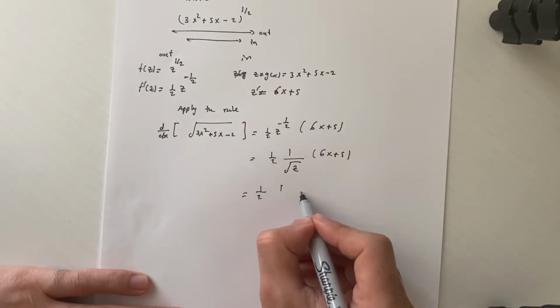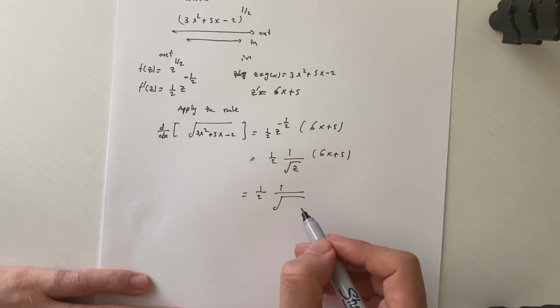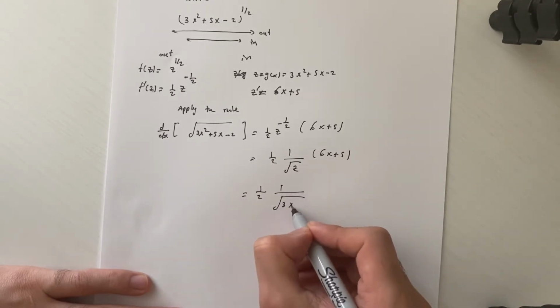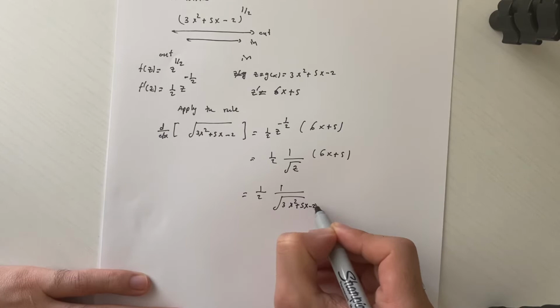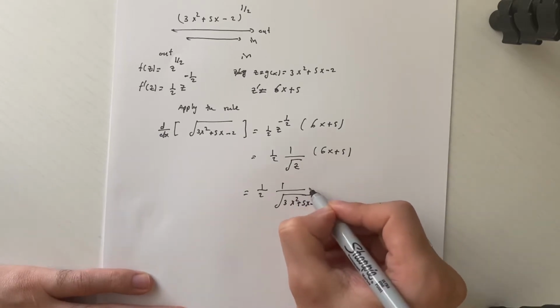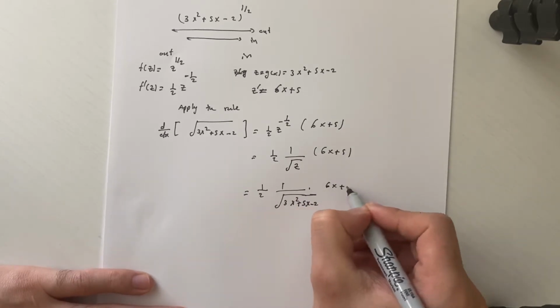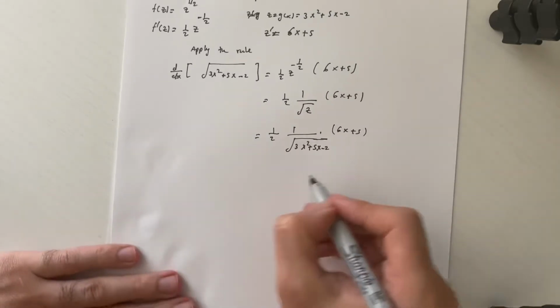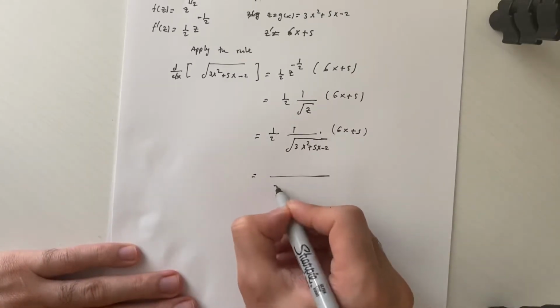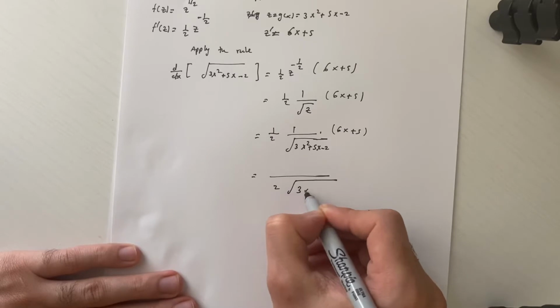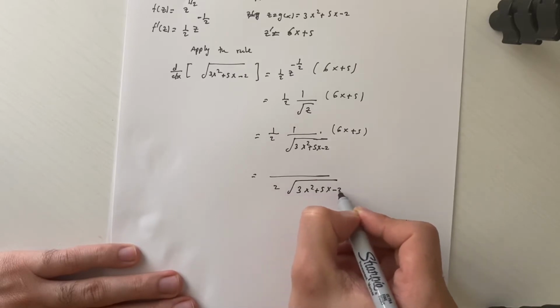So z is just 3x squared plus 5x minus 2, and that is multiplied by 6x plus 5. Or what we can do, there is an easier way to do that.